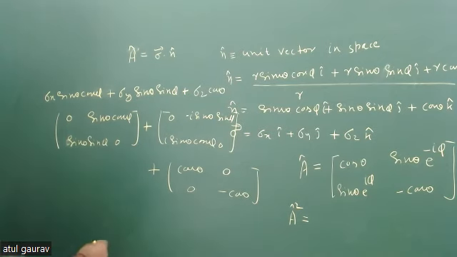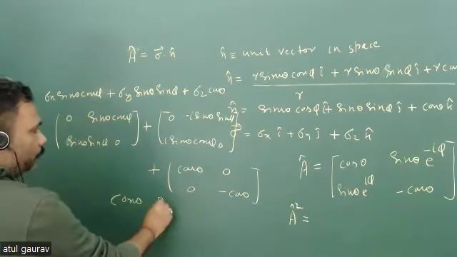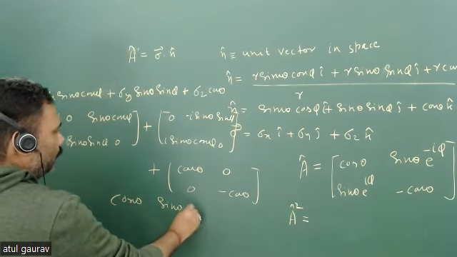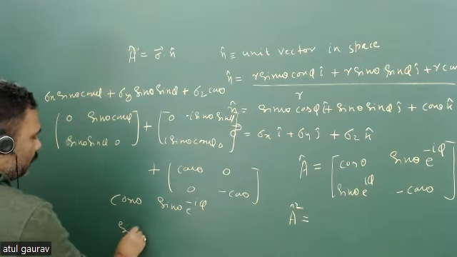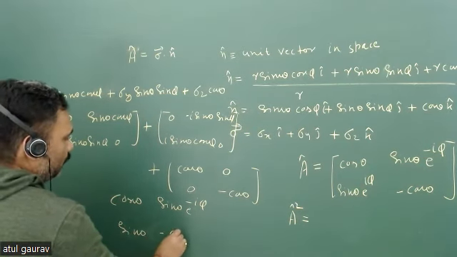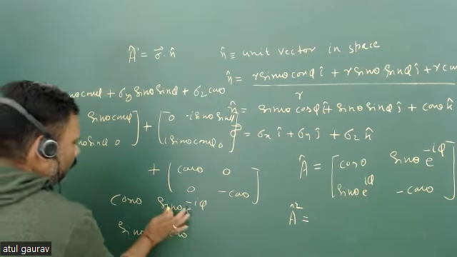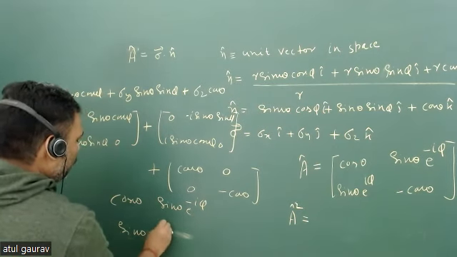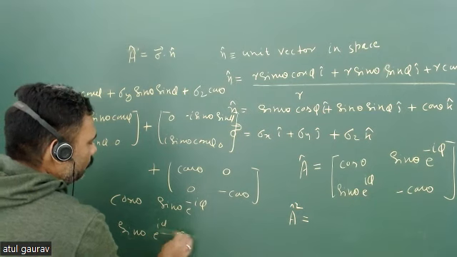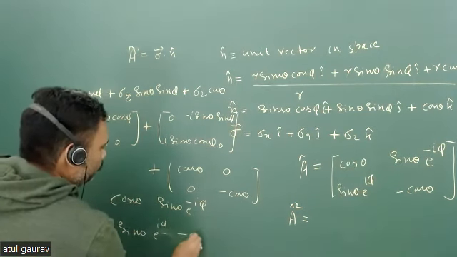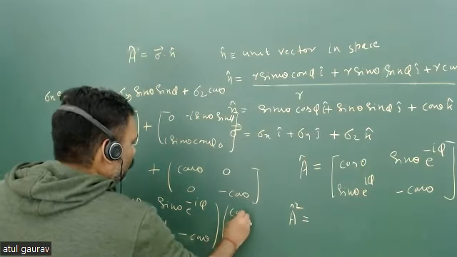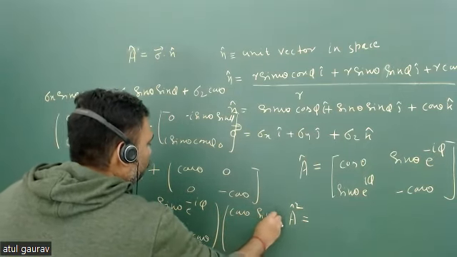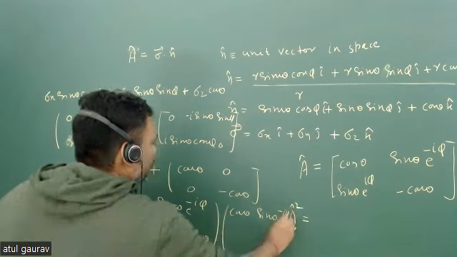So you have basically cos theta, sine theta e to the power minus i phi, and you have sine theta e to the power i phi, and minus cos theta. Multiply this again, you have cos theta, sine theta e to the power minus i phi.